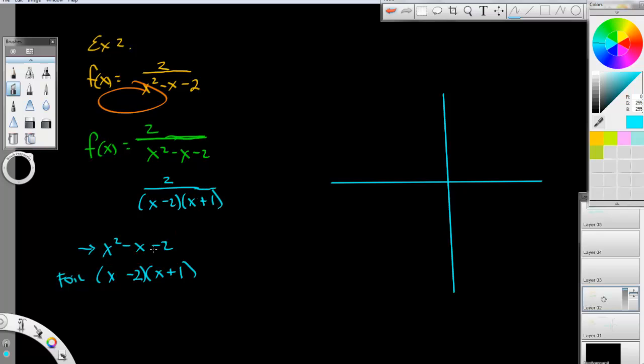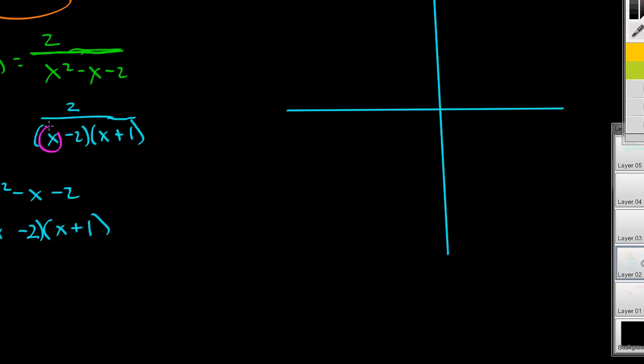Now, when you factor it, what it does for you is it allows you to figure out the vertical asymptotes really easy. For example, what number can I put in for this x right here to make that equal to 0? Well, that is 2. So if I put 2 in right there, that would make that equal to 0. What number could I put in for this x to make this parenthesis right here equal to 0?